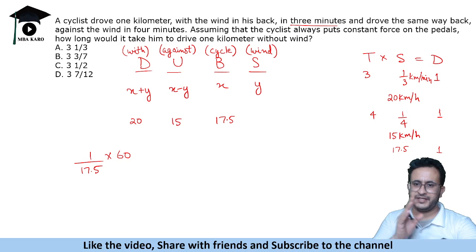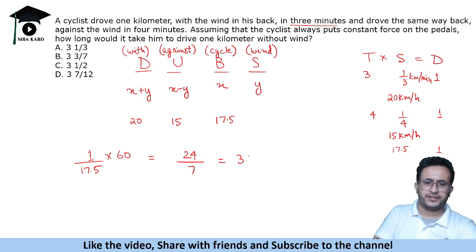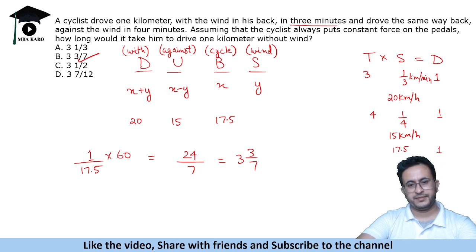Second case, the speed is 15 kilometer per hour. Now his speed is 17.5 kilometer per hour, so we convert to minutes: 60 divided by 17.5, which gives us 24 by 7, which is 3 by 7. So we will get 3 by 7 minutes.